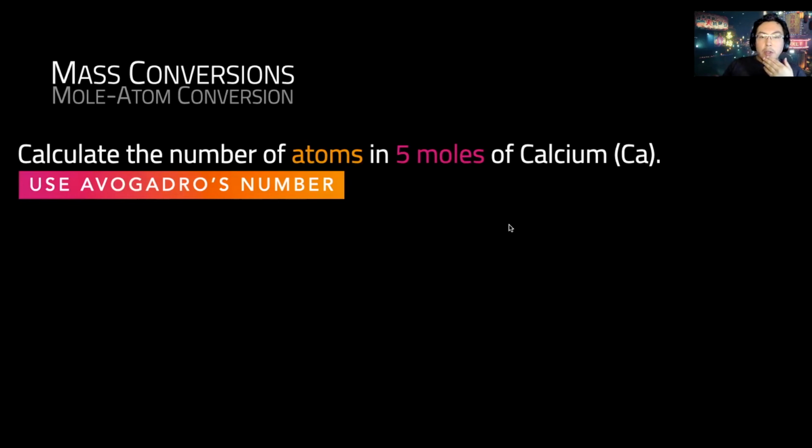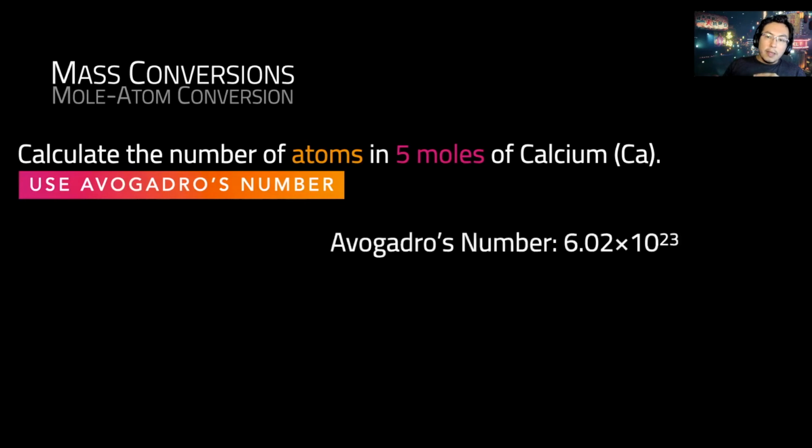This is the one that's going to be helping us to transform this side of the map. So if we have 5 moles of calcium, and we know that each mole is 6.02 times 10 to the 23rd, then we're going to be using the same number of Avogadros to multiply by each mole.